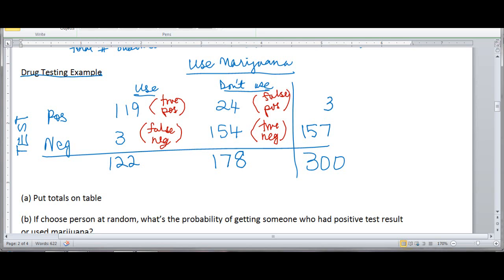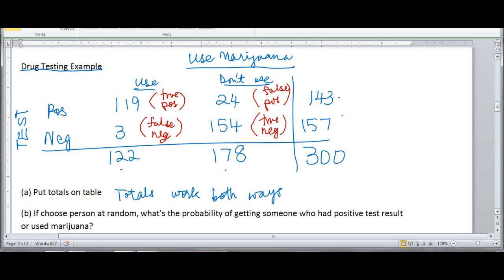And here you get 143. And then when you add up these two numbers, you get 300. When you add up these two numbers, you get 300. So your totals work both ways.